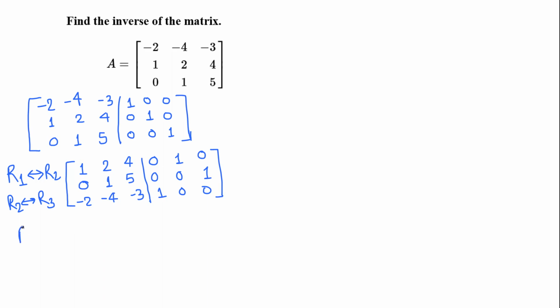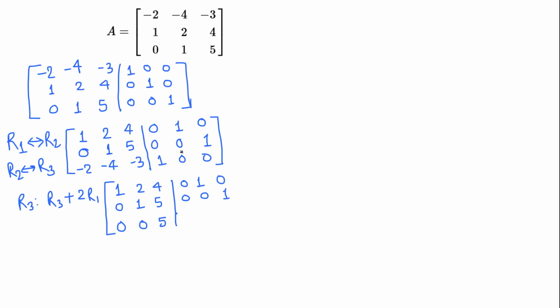So we're going to work on R3: R3 plus 2 times R1. So here is 1 plus 0, 0 plus 0, 2 plus 2, 0 plus 2 times 0, 0. So we are here now. Oh, this is also 0, that's good.